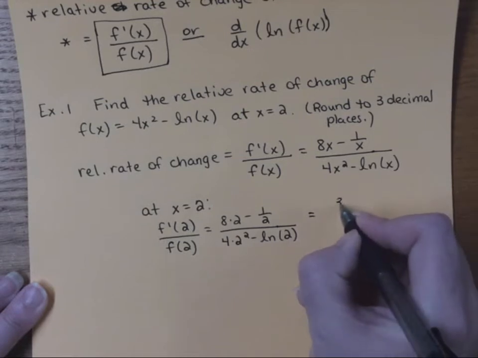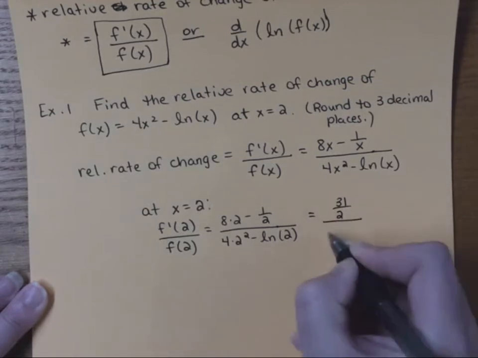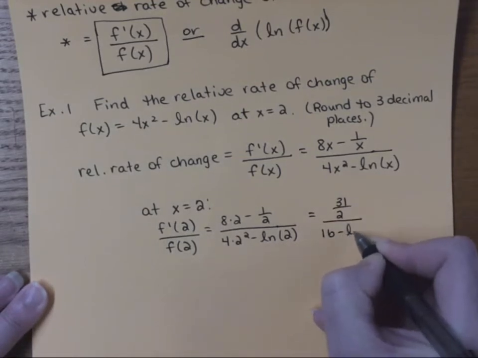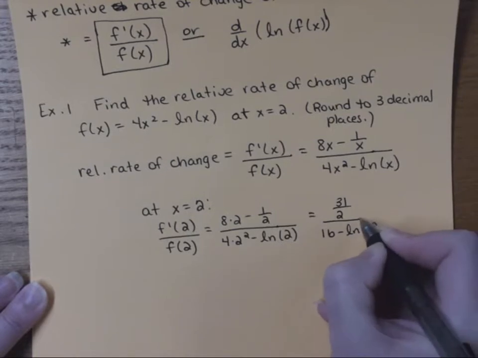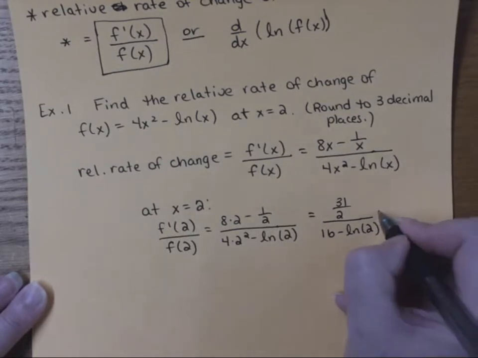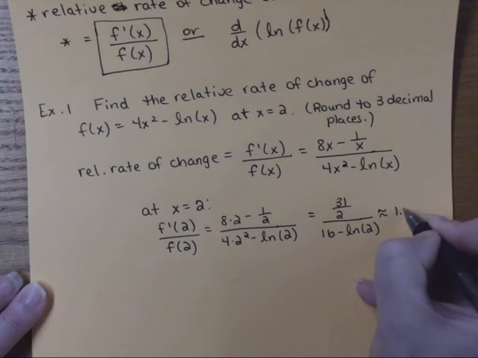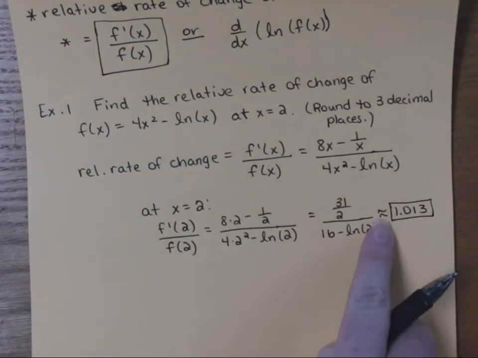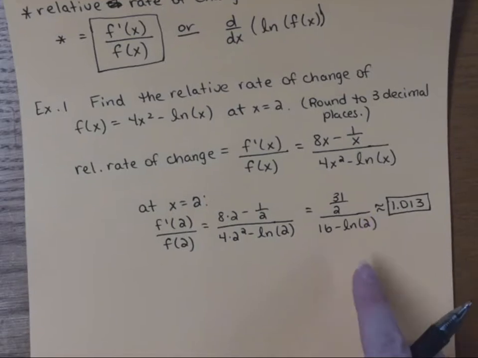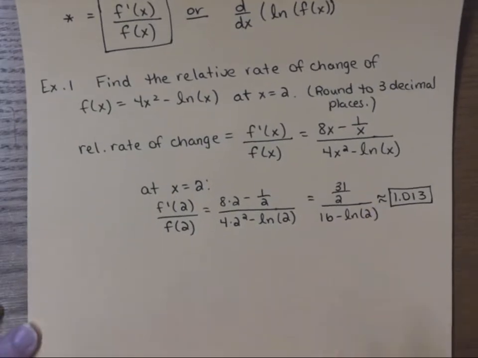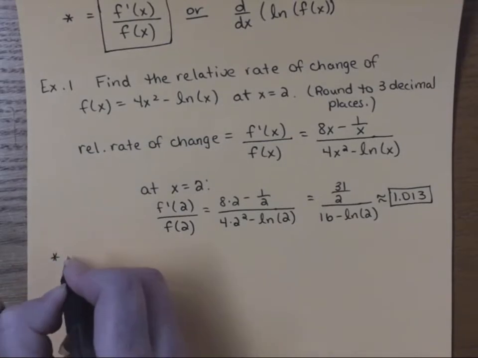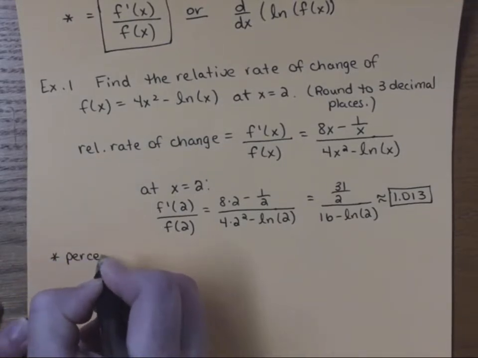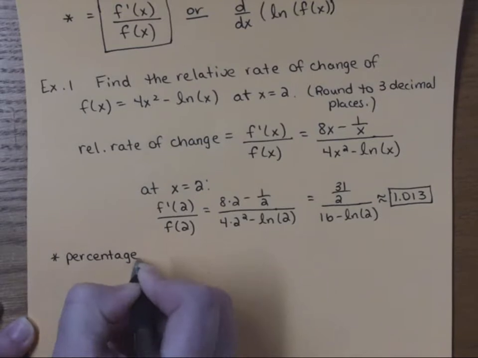If you work the top and bottom out on your calculator as far as they can go, before you have to start approximating, this is what you'll get. But in the end, I think this does ask for the decimal version that it rounds to. Remember this symbol means approximately, so that's the one I want you to use whenever you're rounding an answer.